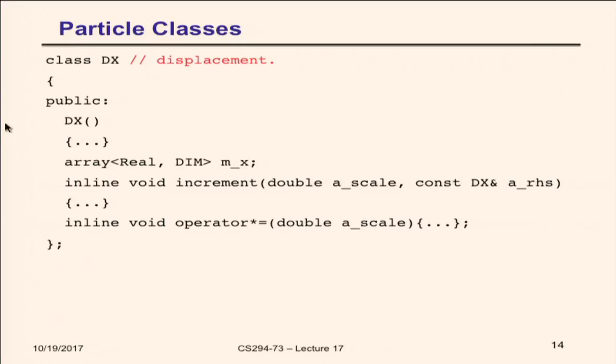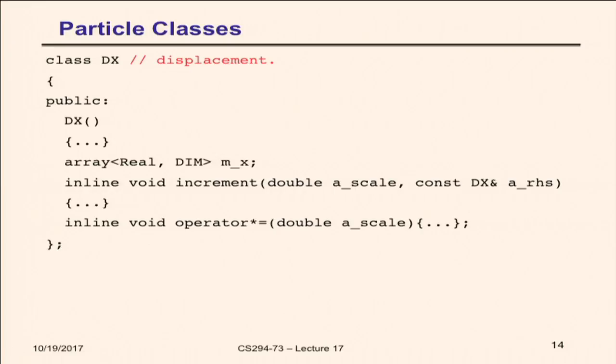Well, that's dx, an array of tuples of size dim. In this case, dim is always going to be 2, so 2-tuples of doubles. And then we have a couple of functions which tell you how to increment a dx and how to scale a dx.